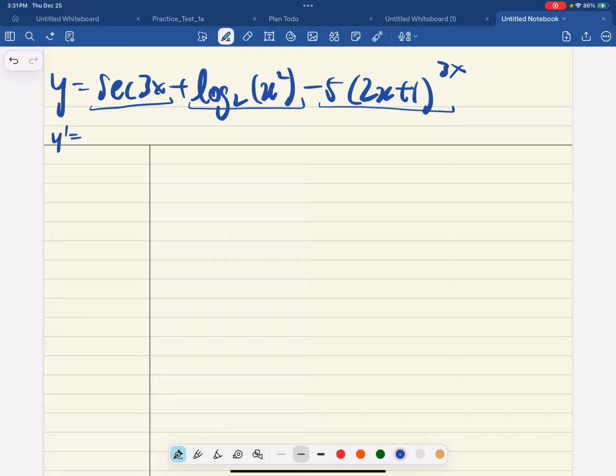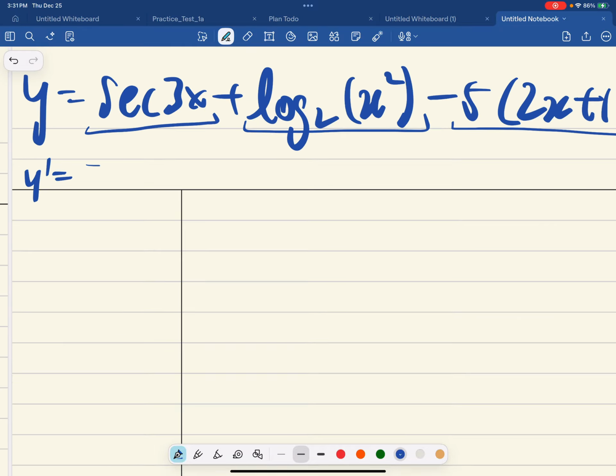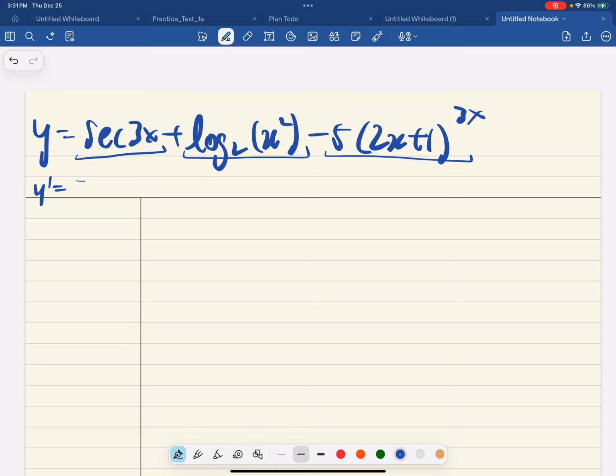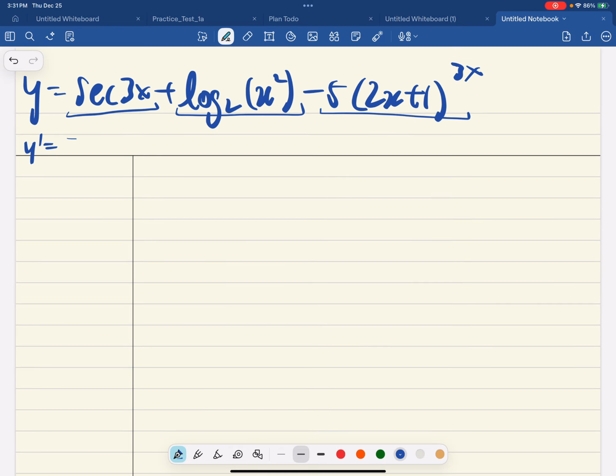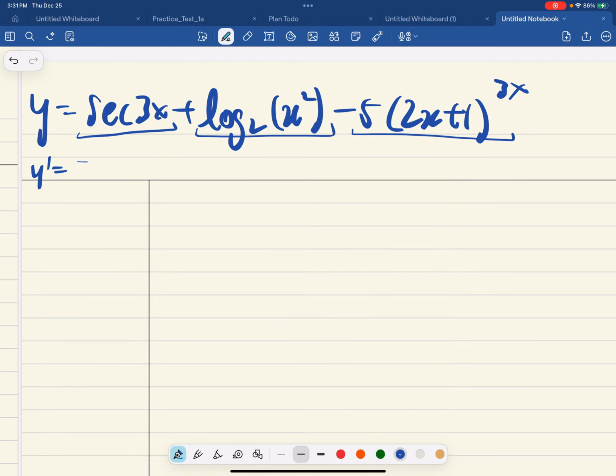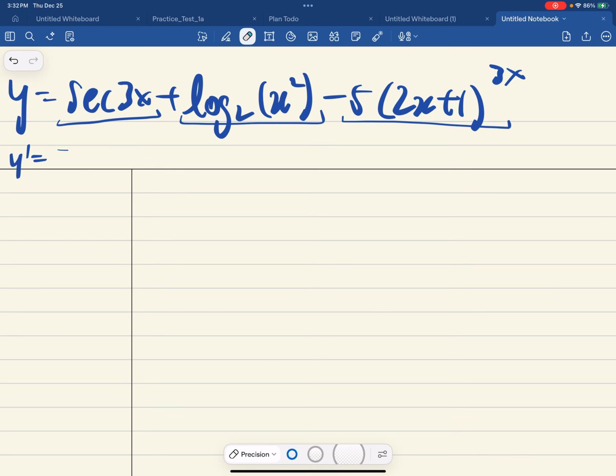When there are many components, we go one by one and treat them separately. Secant 3x: first of all, there's nothing that can really simplify further in here. There's no root or fraction, no negative roots or bigger expression. We can just dive right in.